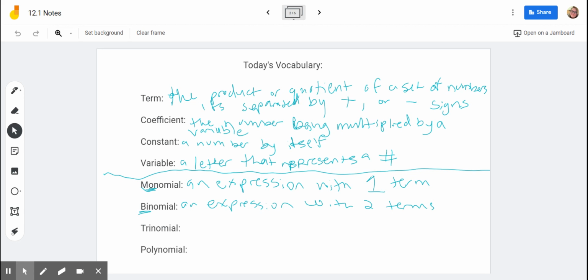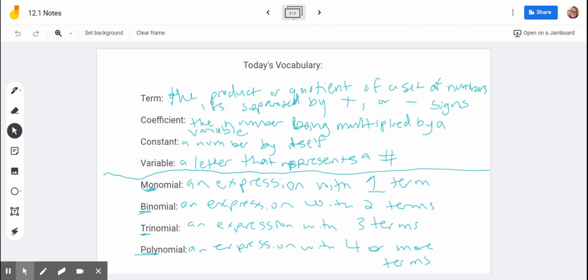Okay? Try. What number do you think this one will have? Three, because a tricycle has 3 wheels, so a trinomial has 3 terms. And a polynomial is an expression. Poly just means multiple or a lot. An expression with 4 or more terms. Okay? So that's the vocabulary.